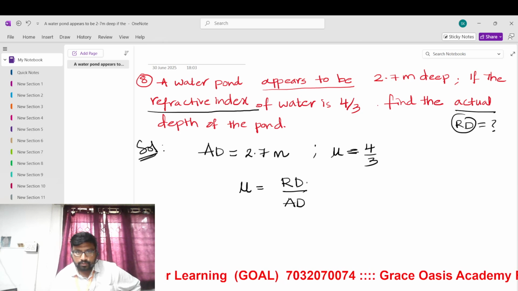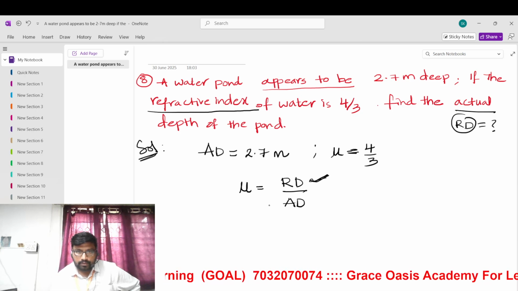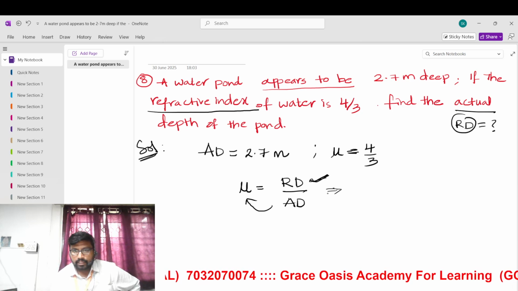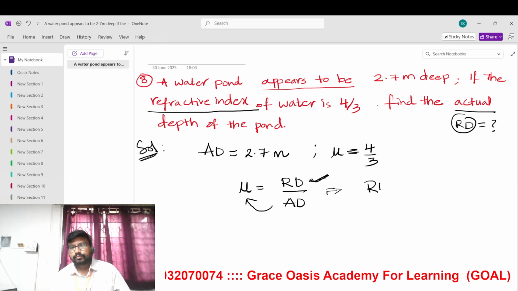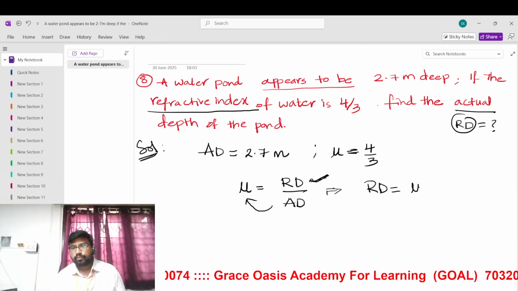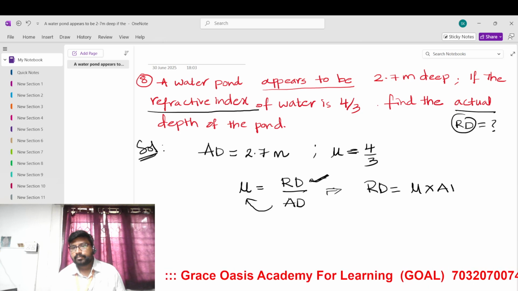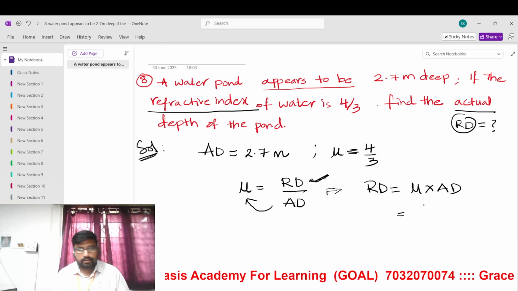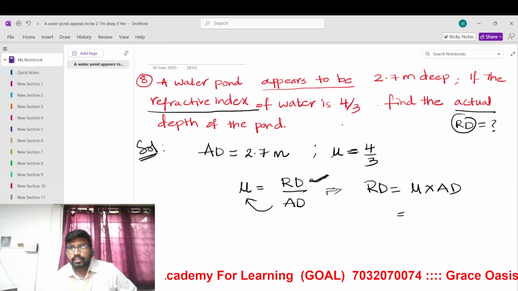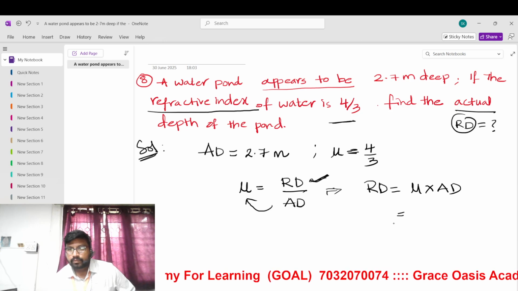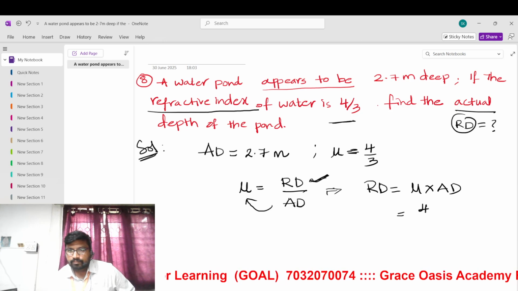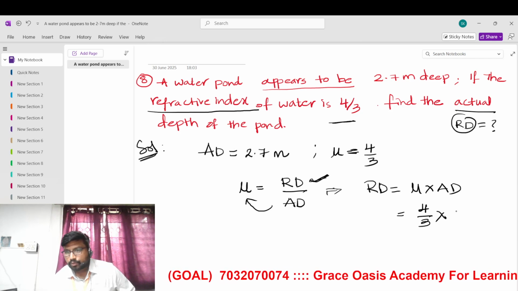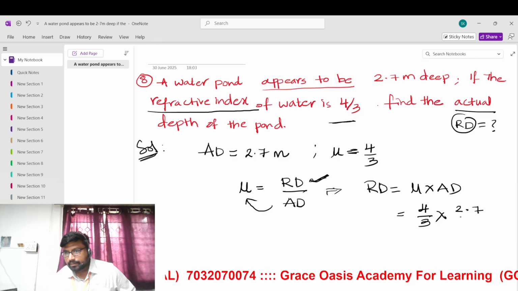So we want this value. If you send this AD to the other side, you will get RD equals mu into AD. What is the value of mu? 4 by 3 into AD 2.7.